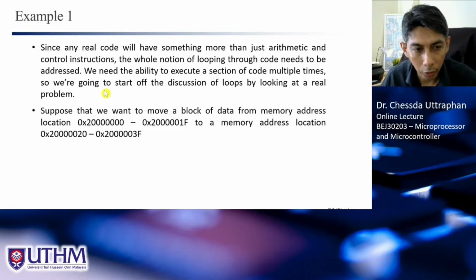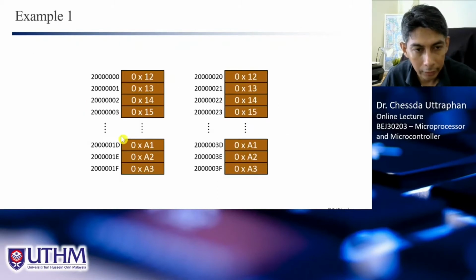Most of the time we use the flowchart, right? So this is the example of the memory content that we want to move into a new memory location here. This is a block of memory from this until this, and we want to move or copy to this location, such that we can have the same data here.